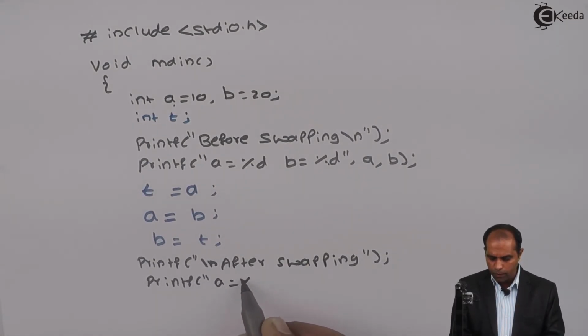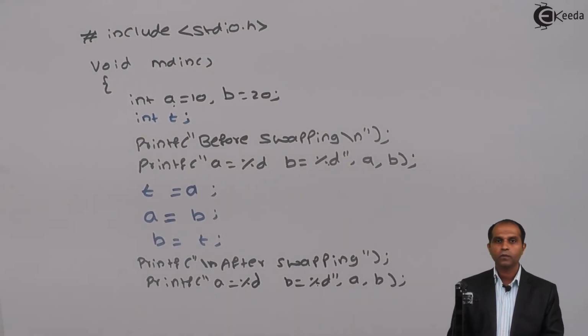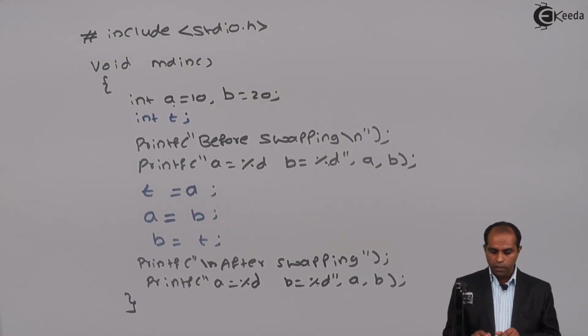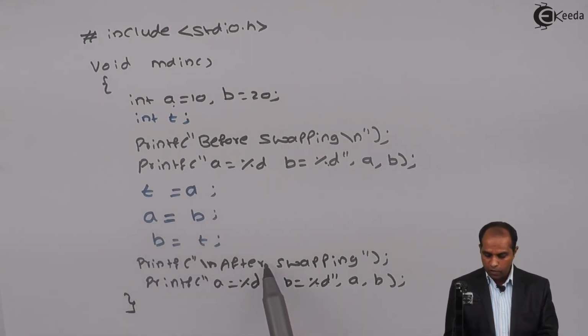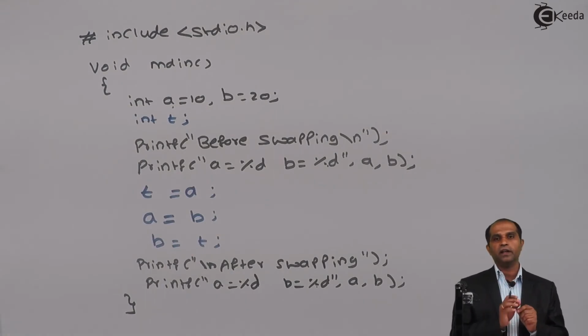I'll say printf A equals %d, you can leave a space, B equals %d. For the first specifier, let me use the value of A, and for the second specifier, the value of B. Let's wind up this particular code. Here you observe the value of A goes to T, B goes to A, and then T goes to B. So after swapping, you'll get the values of A and B as 20 and 10.